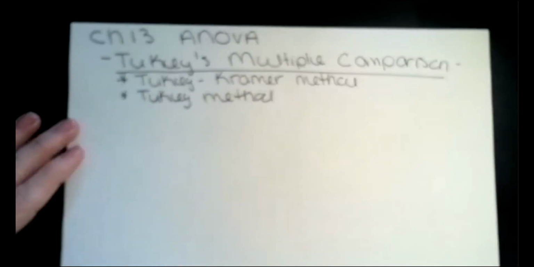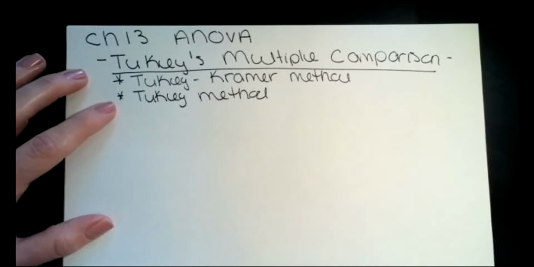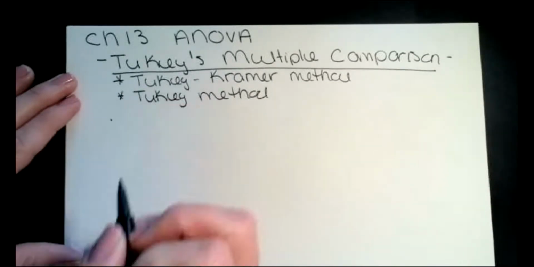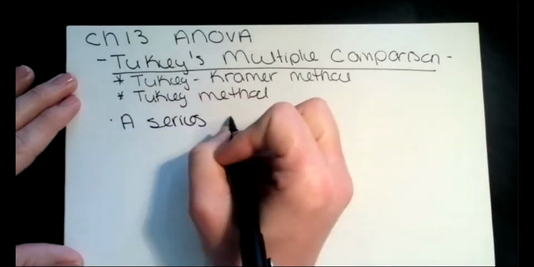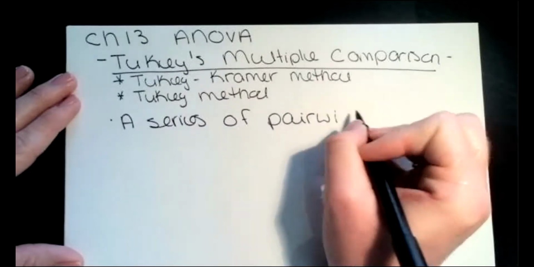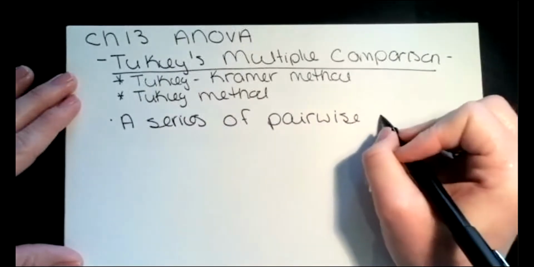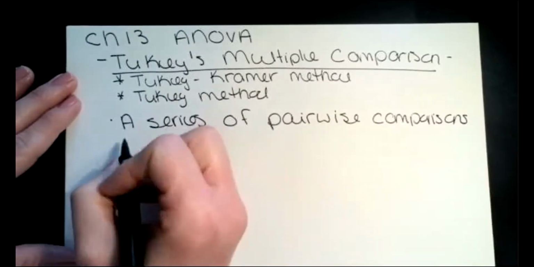I just call it Tukey's method most of the time. So let's talk about this Tukey's method. This is going to tell us which means are different or which ones are the same. So this Tukey's comparison is a series of what we call pairwise comparisons.